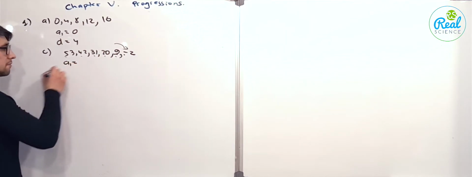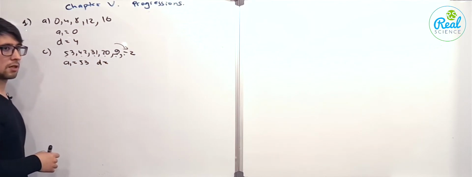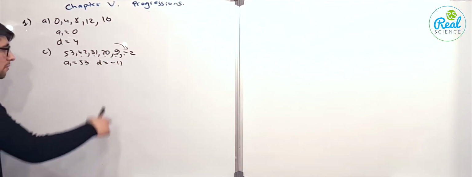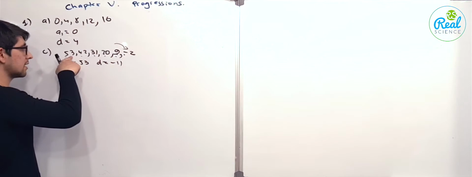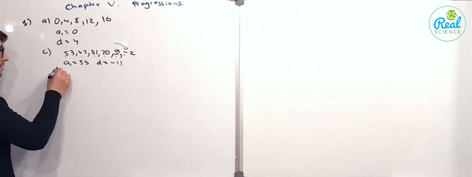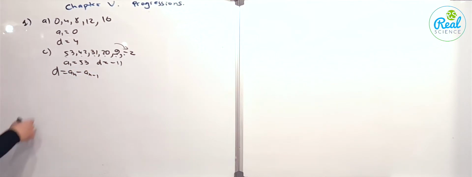What is your first term? 53. What is your difference? Minus 11. So the constant d is being added to create the next term. You remember, your difference is equal to An minus An minus 1.